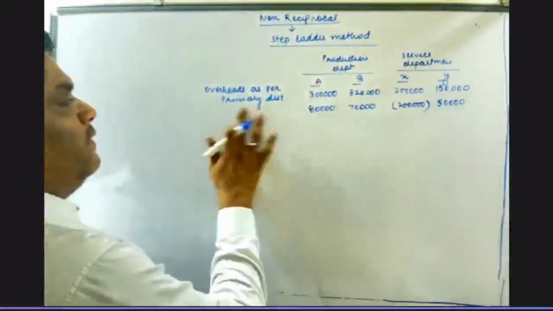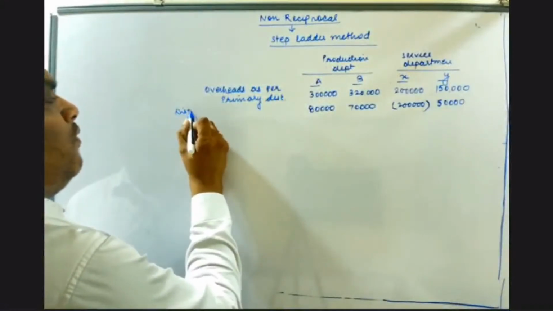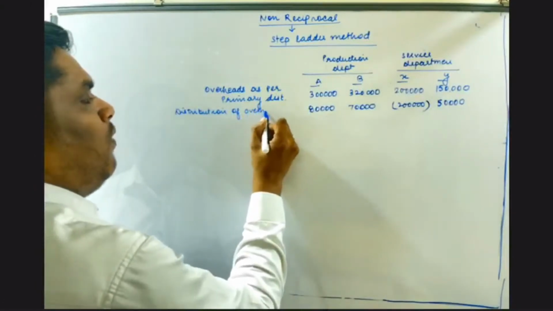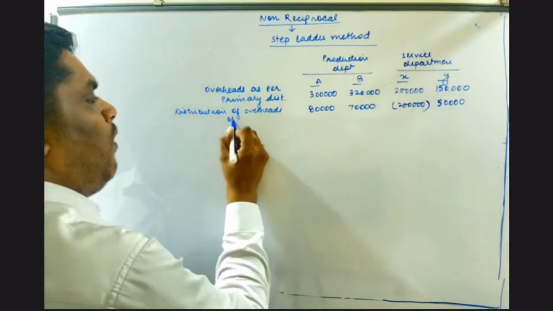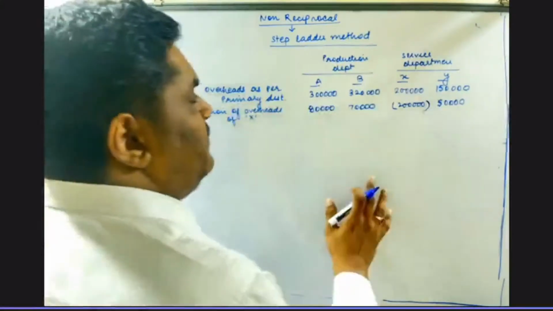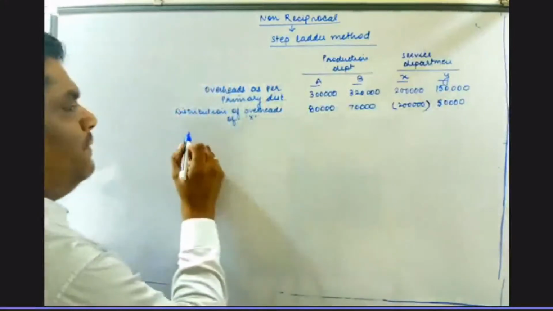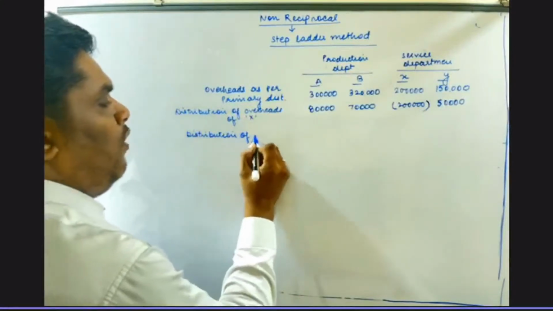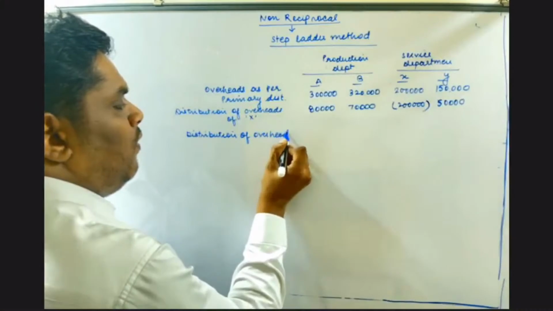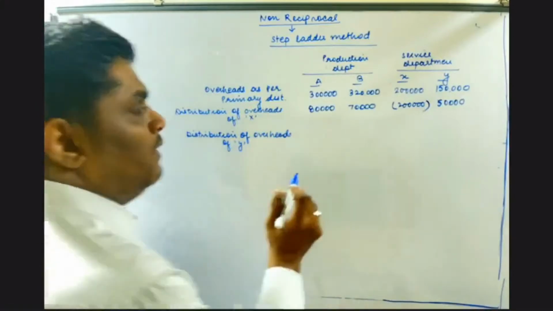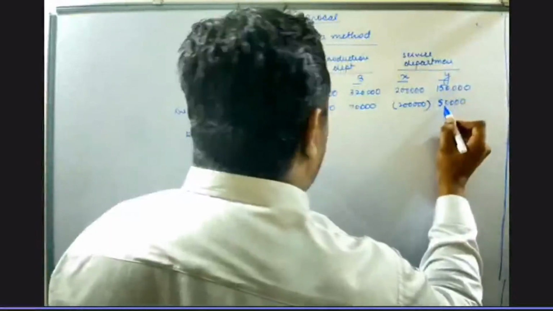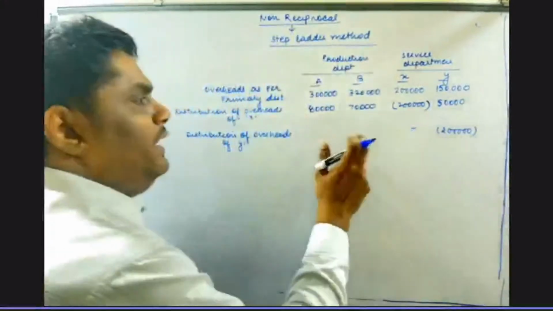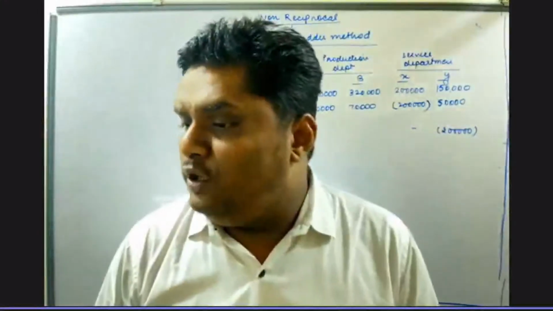Now thereafter, we'll distribute the overheads of service department Y. So distribution of overheads of Y. The total overheads of Y will be 1,50,000 plus 50,000. So the total 2 lakh will be distributed among A and B in the ratio of 40:60.